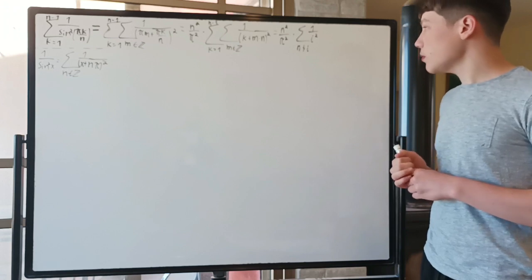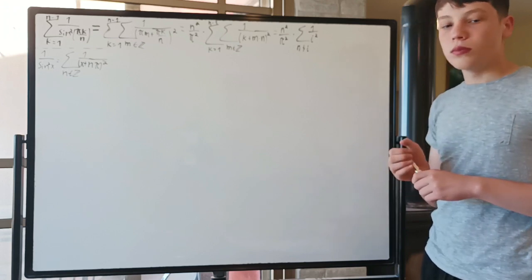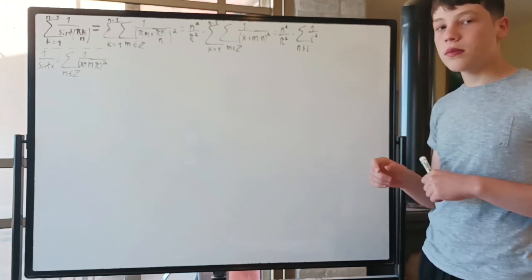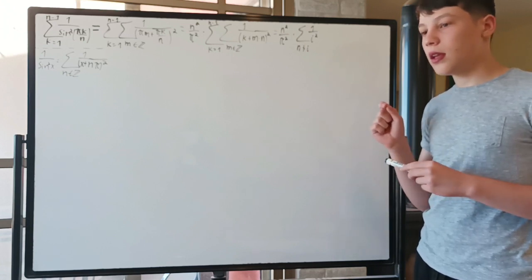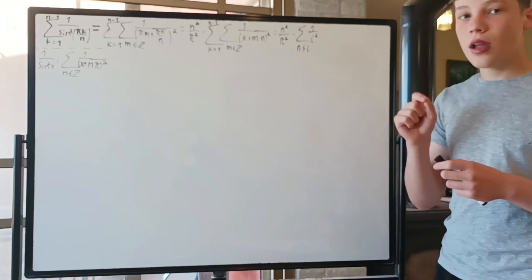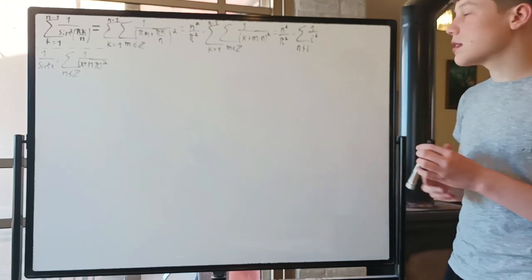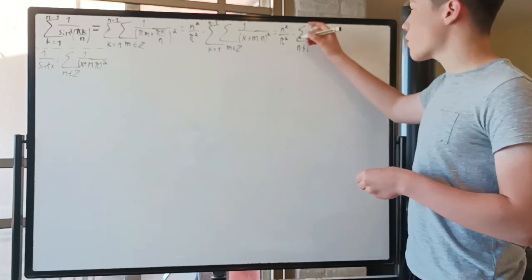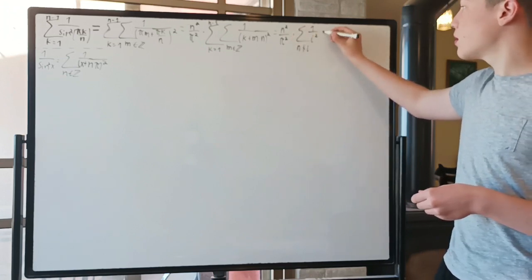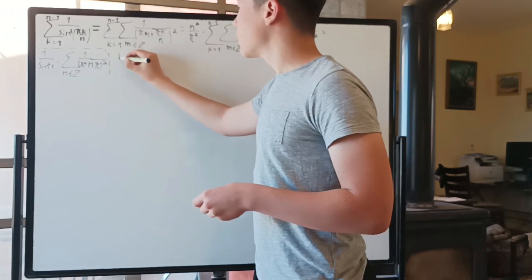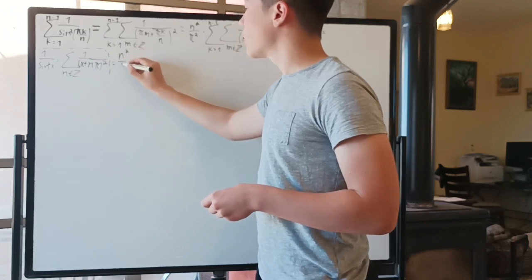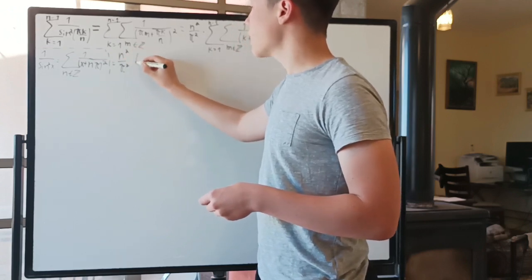But what I want to do is add and subtract the sum over all the integers i that are not 0 and that n does divide into. Of course inside the brackets, right? Of n squared over pi squared. So this is going to be something like this.